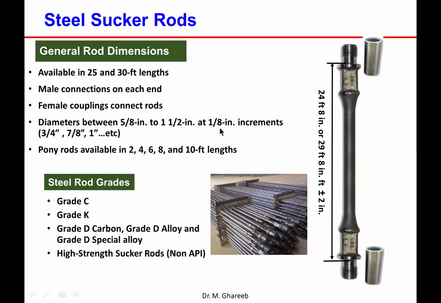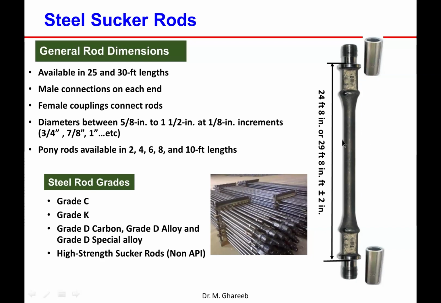However, in the market, the commonly used sizes are 3/4, 7/8, 1 inch, and 1 1/8 inches, with increments of 1/8 inch. For example, 3/4, second one is 7/8, third one is 1 inch, then 1 and 1/8 inches, and so on.